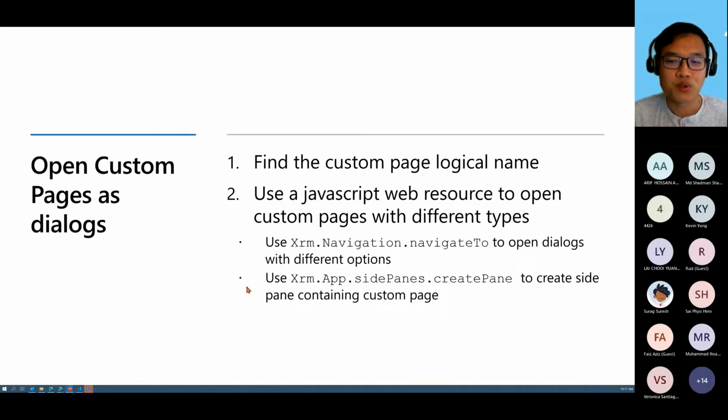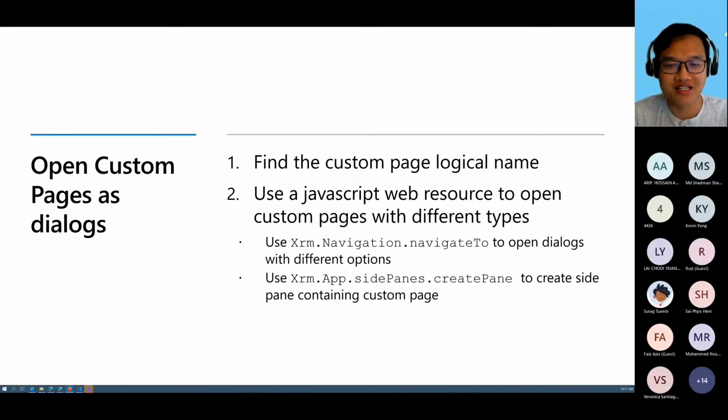And to open the custom page as dialogs, like a center dialog or a side dialog, we need to use a little bit of code. But I think that's not too much. It's low code.